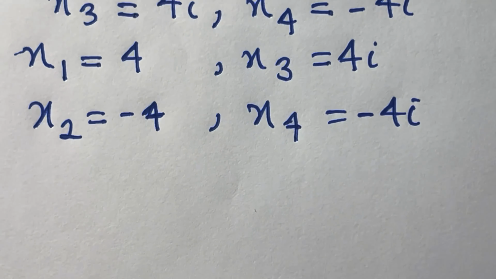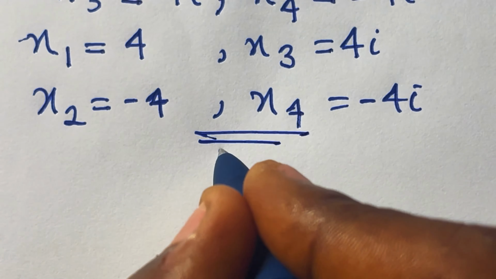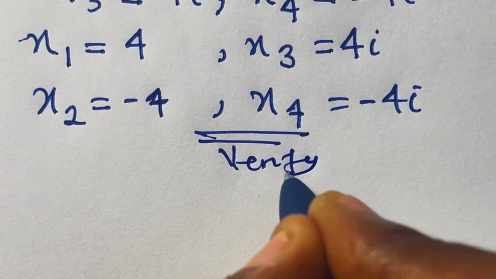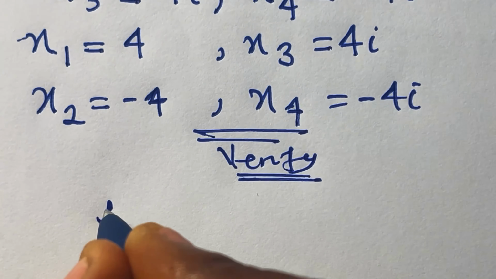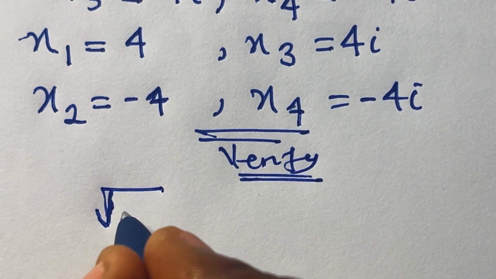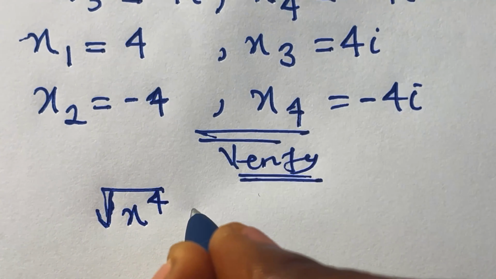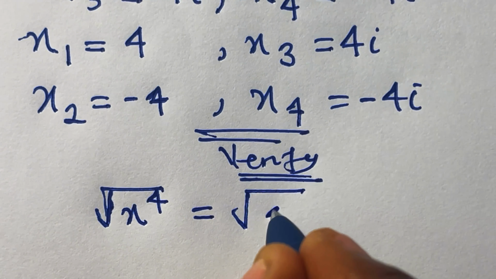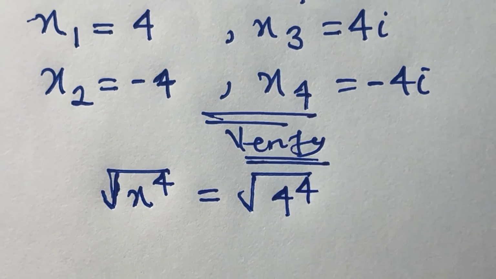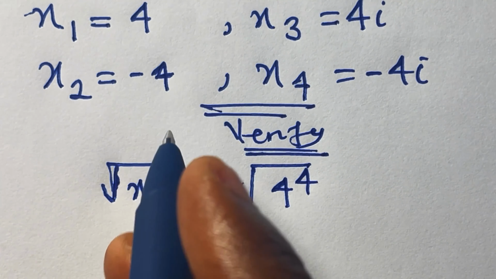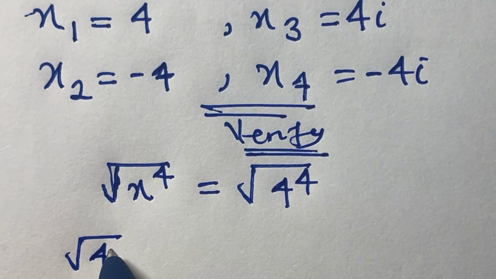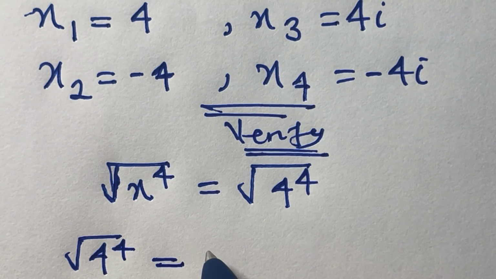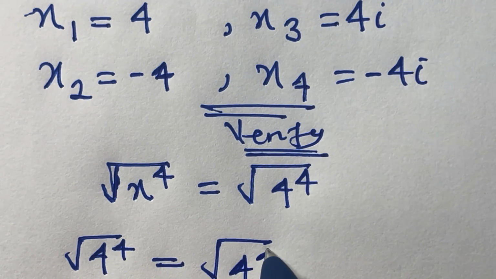So you can have a quick verification. If our given equation is square root of x raised to the power 4 equals square root of 4 raised to the power 4, let's say our x equals 4. We will have 4 raised to the power 4, so this will definitely equal 4 raised to the power 4.